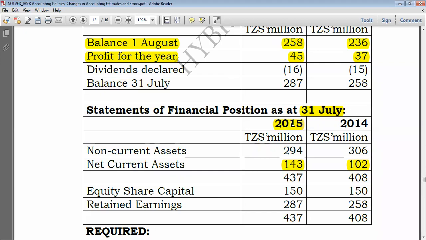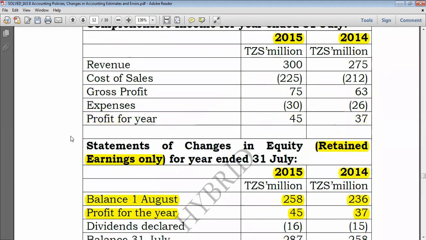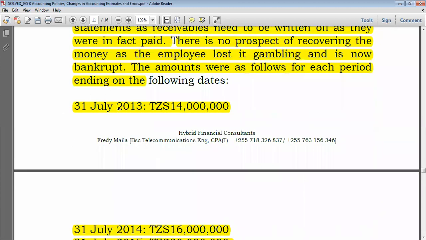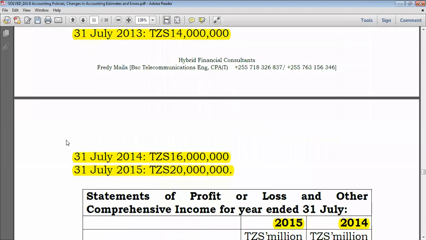Up to 31st July 2015, you would have this for 2013. You would come down here and have this for 2015 as well as this one for 2015. So you'd have 14 million, 16 million, which is 30 million, and 20 million, which is 50 million. So for 2015, I would have to adjust by 50 million.